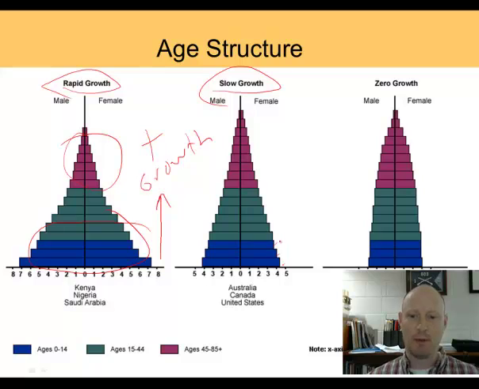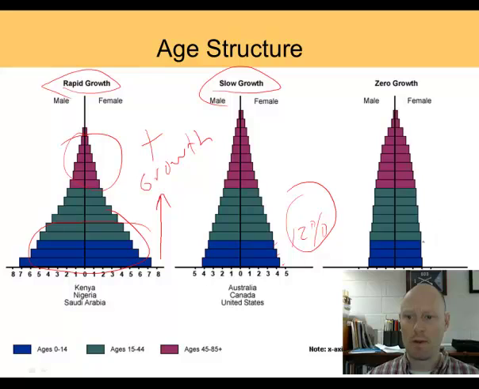So I should be able to add those up. 8, about 12, what do you think, 12.5, something like that. So somewhere around 12% of this entire population is female in the ages of 0 to 14, about 12%. And so reading those graphs is very important, and we'll practice a little bit on those.